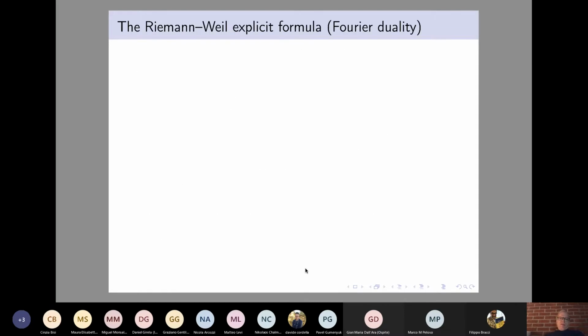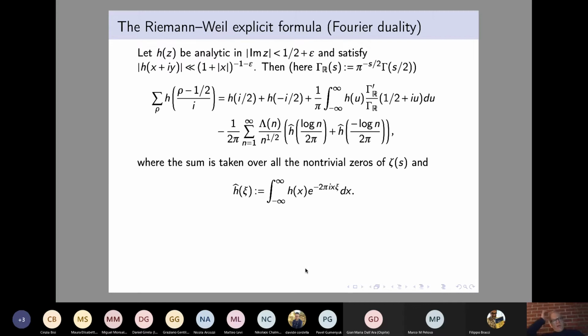Okay, so then there are other ways you can get information out of this relation that I had between the two ways of writing the logarithmic derivative. So this is known as the Riemann-Weil explicit formula.